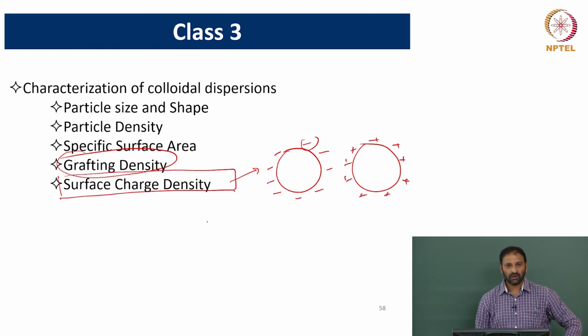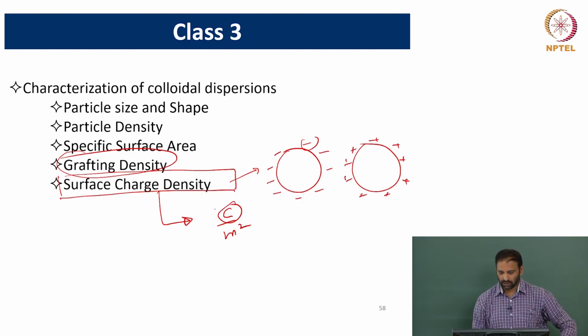If I know the number of charges on the particle surface, typically surface charge densities will have units of coulomb per meter square, and this essentially comes from the total charge on the particle surface.